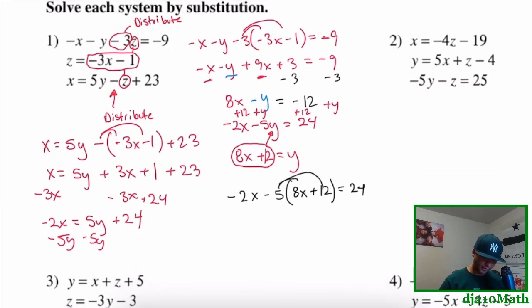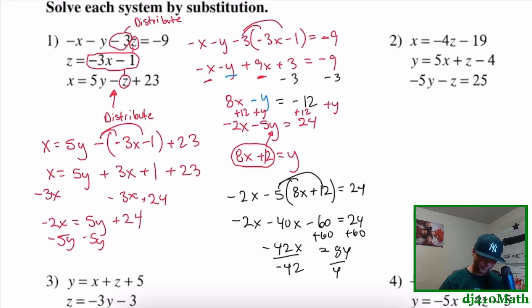So distributing the 5, negative 2x minus 40x minus 60 equals 24. Negative 42x plus 60, right, on both sides, is equal to 84. Dividing both sides by negative 42, x is equal to negative 2.